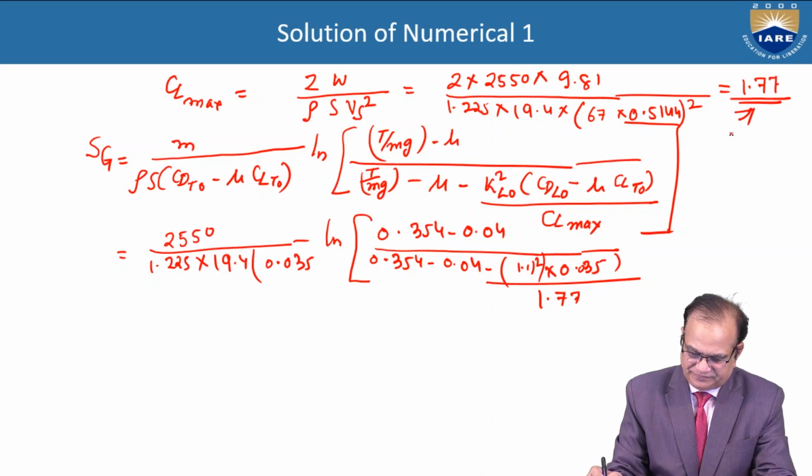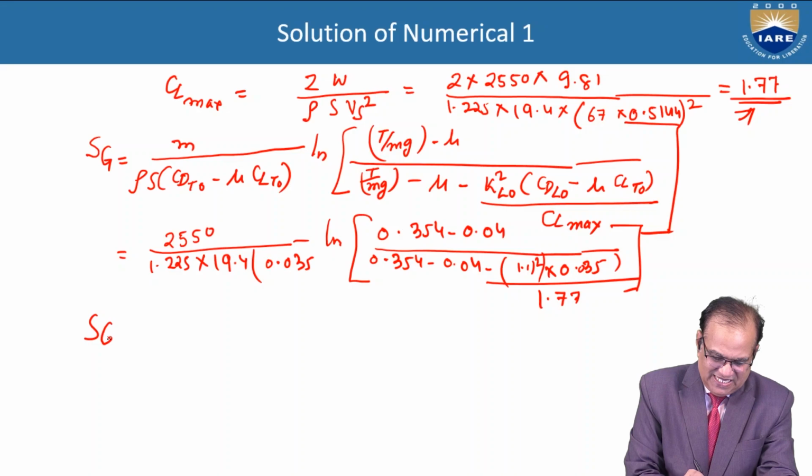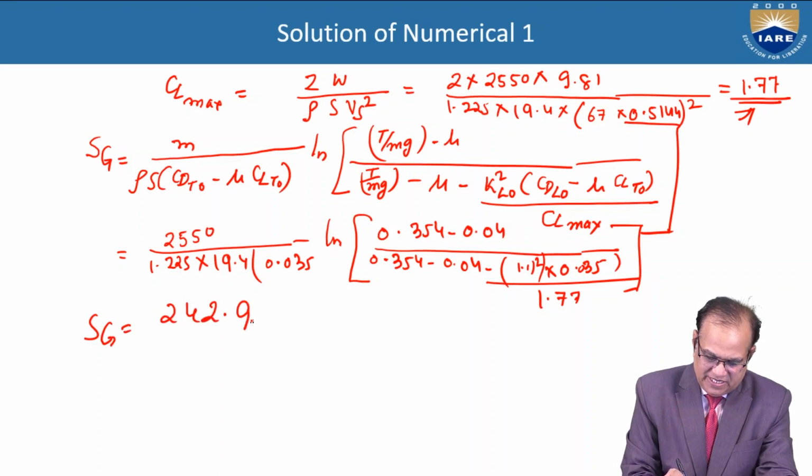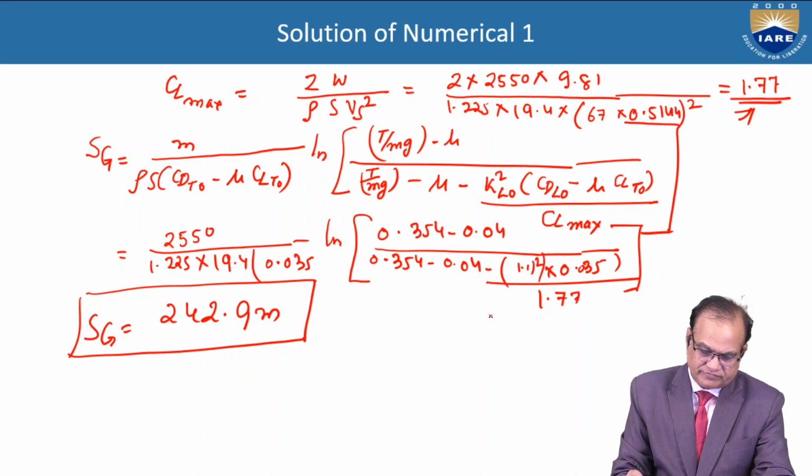If we simplify this, we will get SG equal to 242.9 meters. So this is the ground roll distance. This we have found.